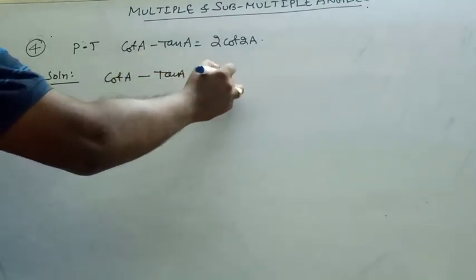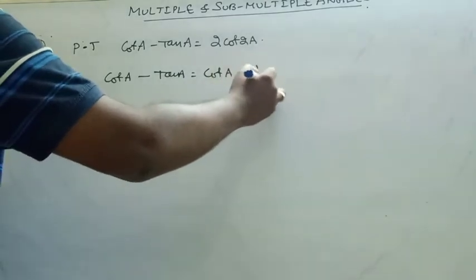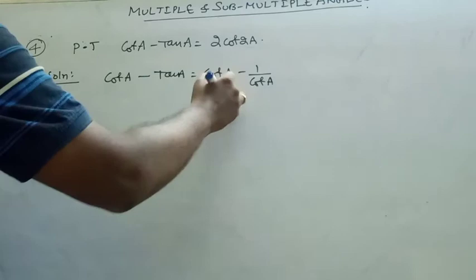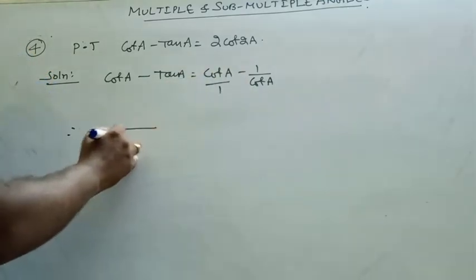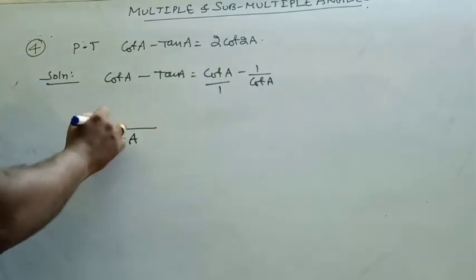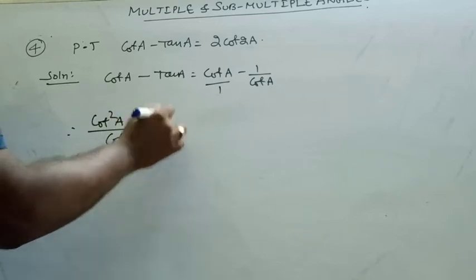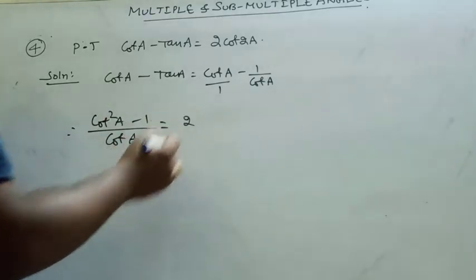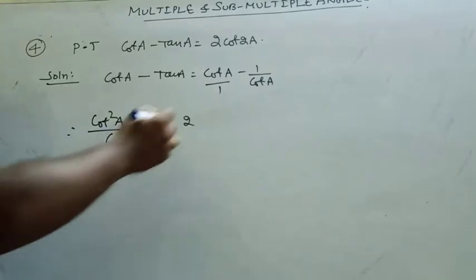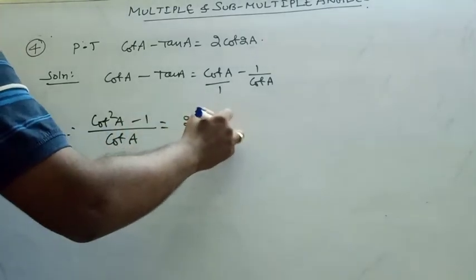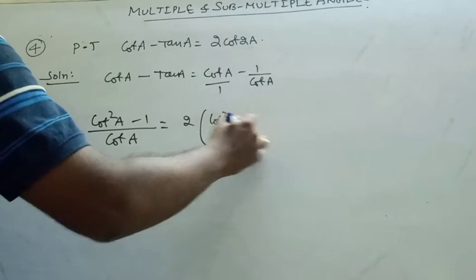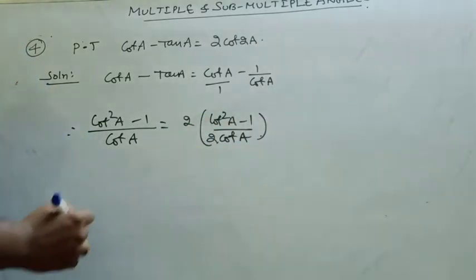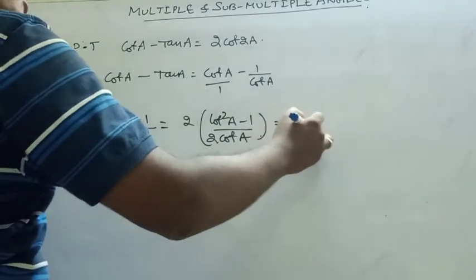This is equal to cot A minus 1 by cot A. If you take LCM here, this is now cot square A minus 1 by cot A. And we can write this as 2 into cot square A minus 1 by 2 cot A.